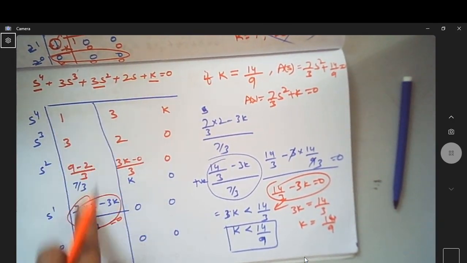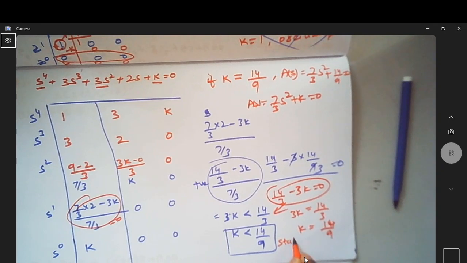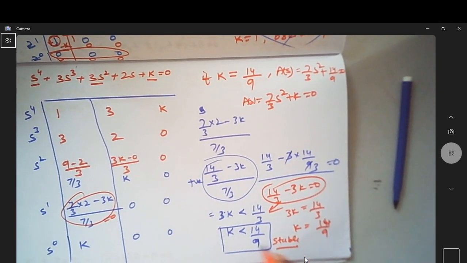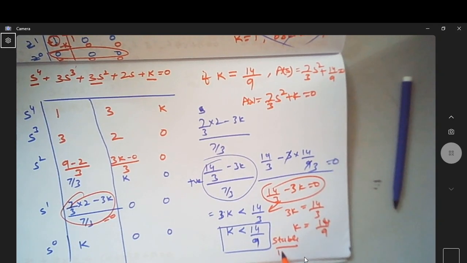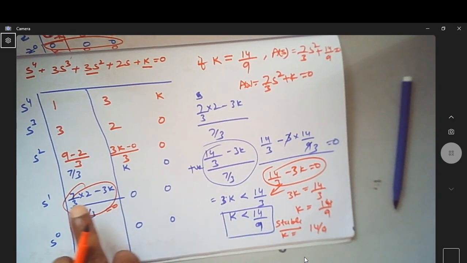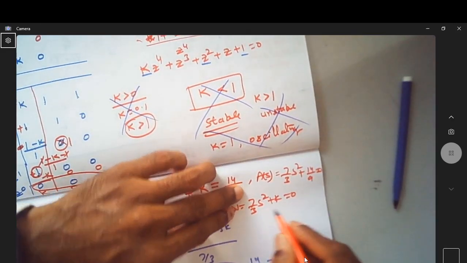What is the summary of the thing here? If the value of k is this, it is stable. Correct? Why is it stable? No sign change. If the value of k is equal to 14 by 9, it is 0, 0, 0. It will become oscillatory. Can we find the roots of this?